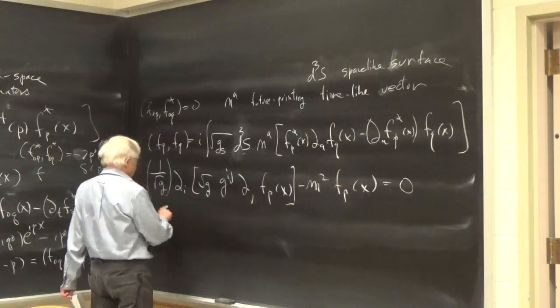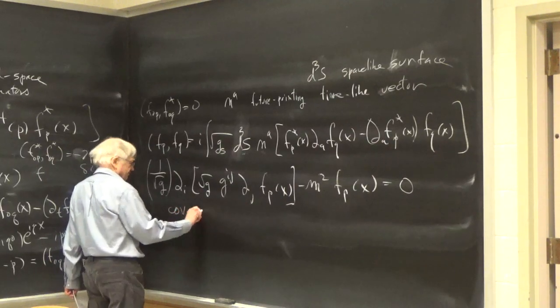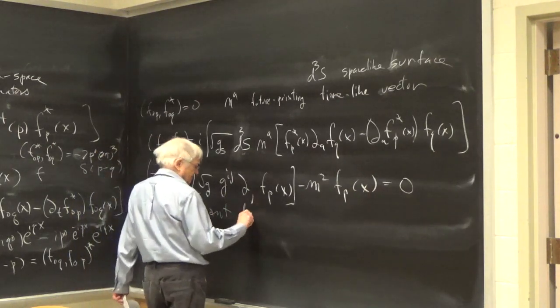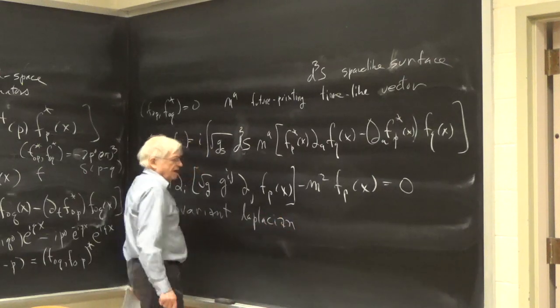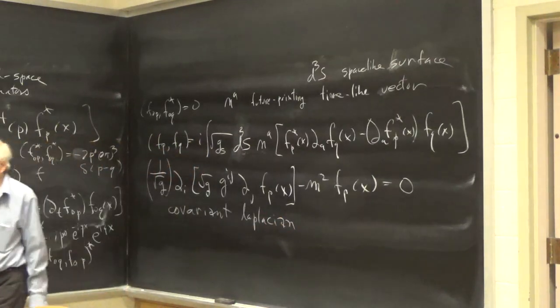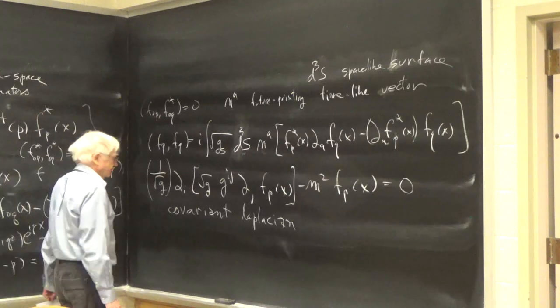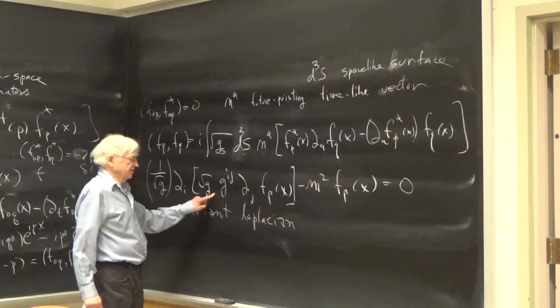And this is basically the covariant Laplacian. In the chapter on GR in my book, I explain why it is that the covariant Laplacian turns out to look like this.